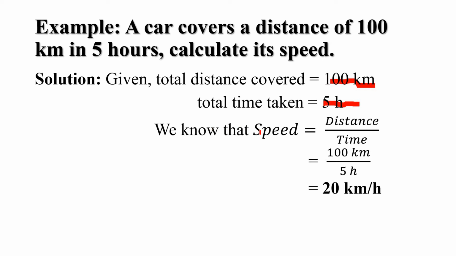We know that the formula of speed is distance upon time. So we put the values in the formula, and when we solve this we find 20 km. So the speed of the car will be 20 km per hour.